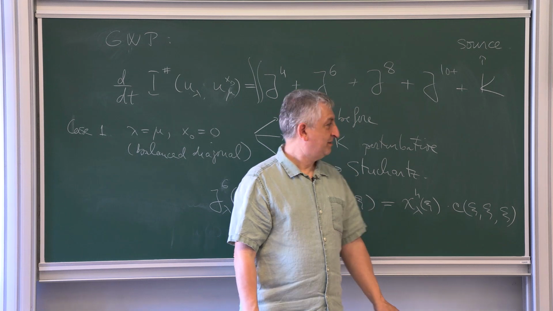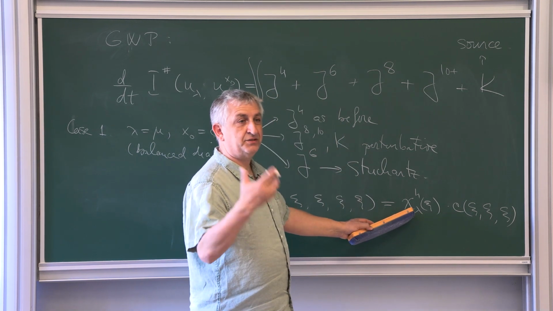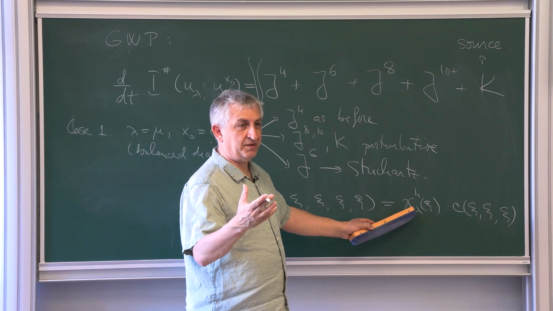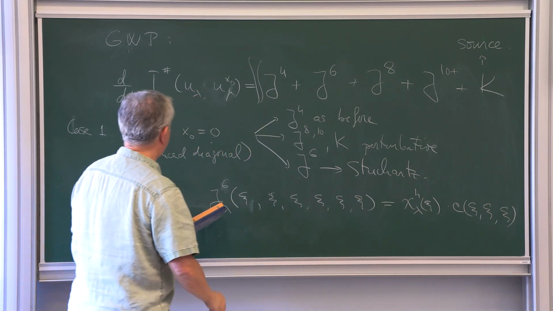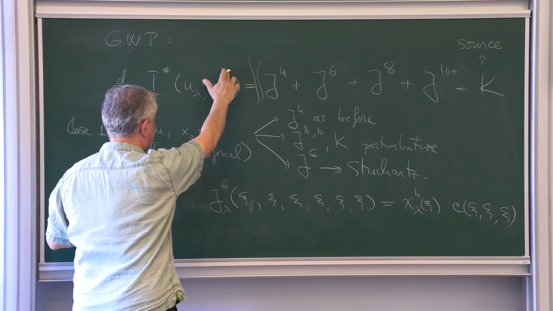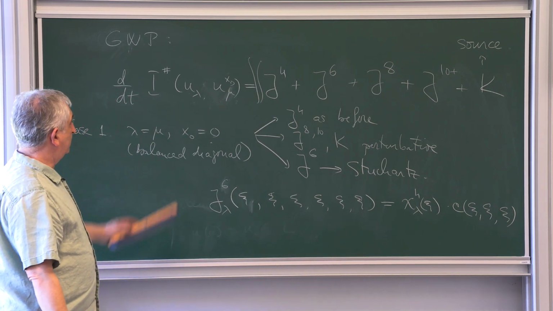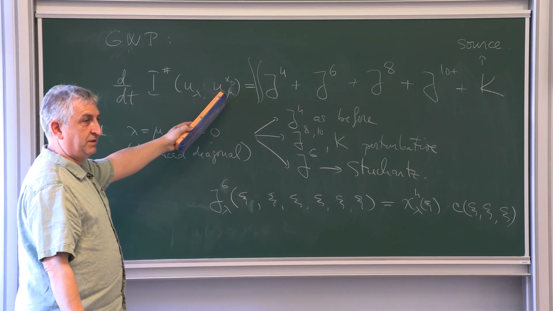And who is the other guy in front, sorry? This guy, chi lambda to the 4, is simply localization to frequency lambda, because I'm computing here u lambda, and no x0. And that chi lambda, right, to the 4: 2 from here and 2 from here.